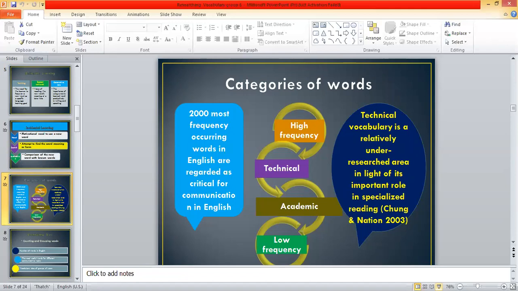So we have to take into account how many words, or what kind of word: is it a high frequency word, or academic, or low frequency? We have to think about it as researchers when we want to conduct research related to words.